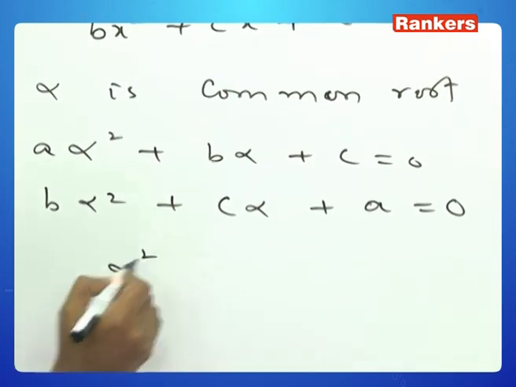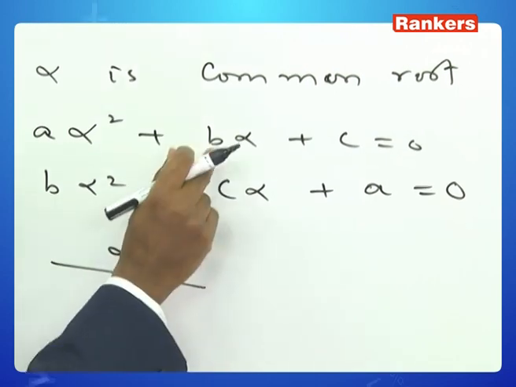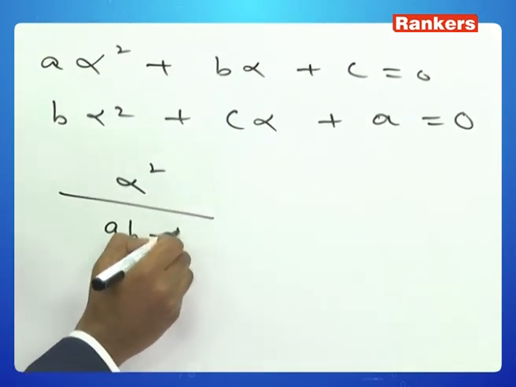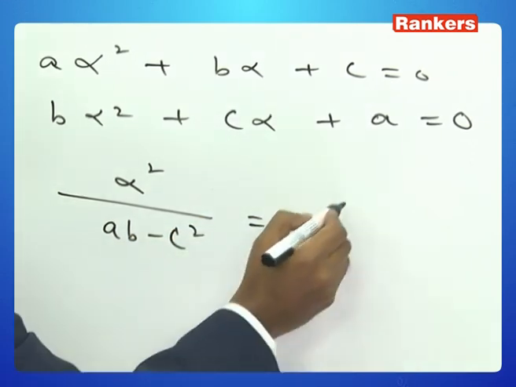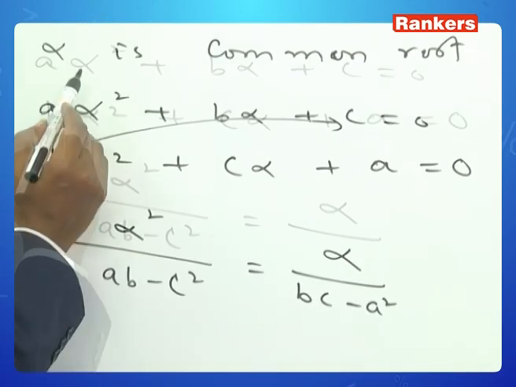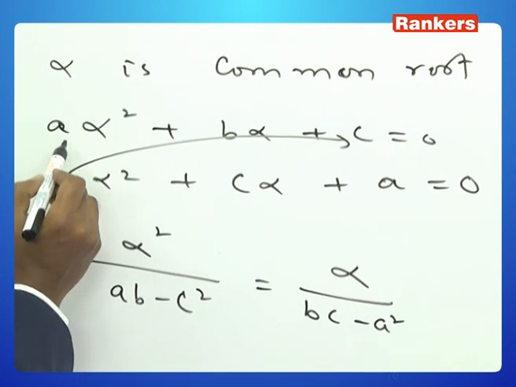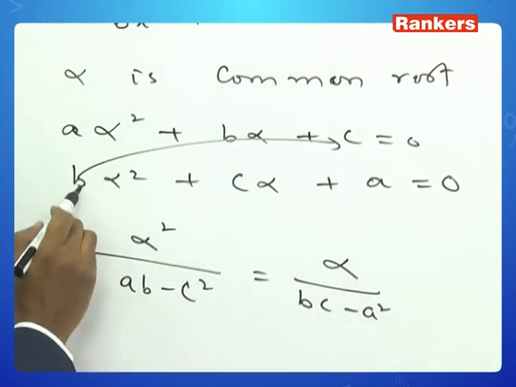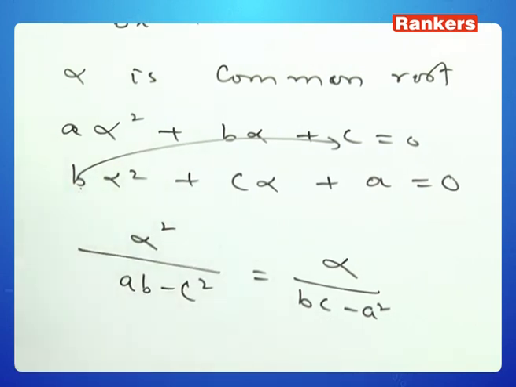We'll use the cross multiplication formula here. Alpha is the common root of the equations, meaning a alpha square plus b alpha plus c is equal to 0, and b alpha square plus c alpha plus a is equal to 0.